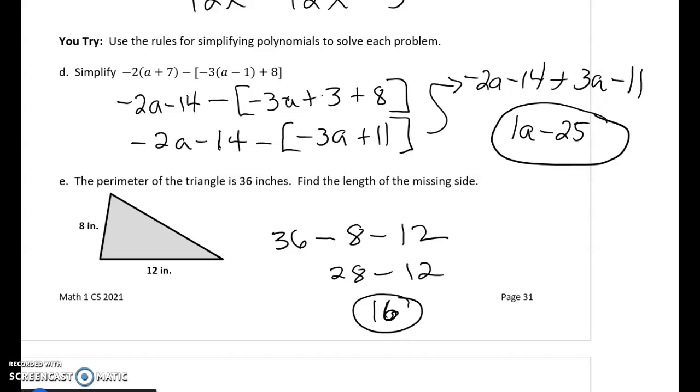Be careful here inside the brackets, where we have to do some simplifying first before we do anything with changing things to the opposite. For part E, I started with knowing that the perimeter of the entire triangle is 36. I took 36 minus one side minus another side to get the value of that missing side.